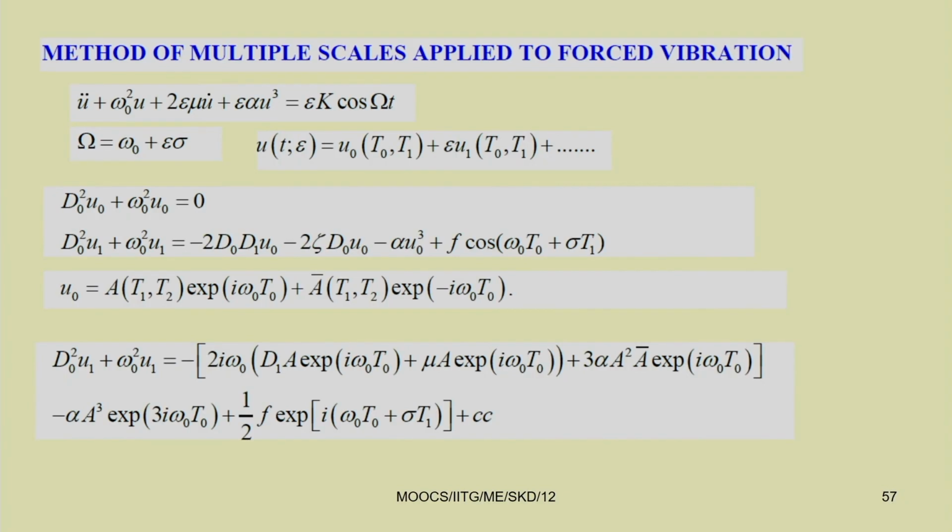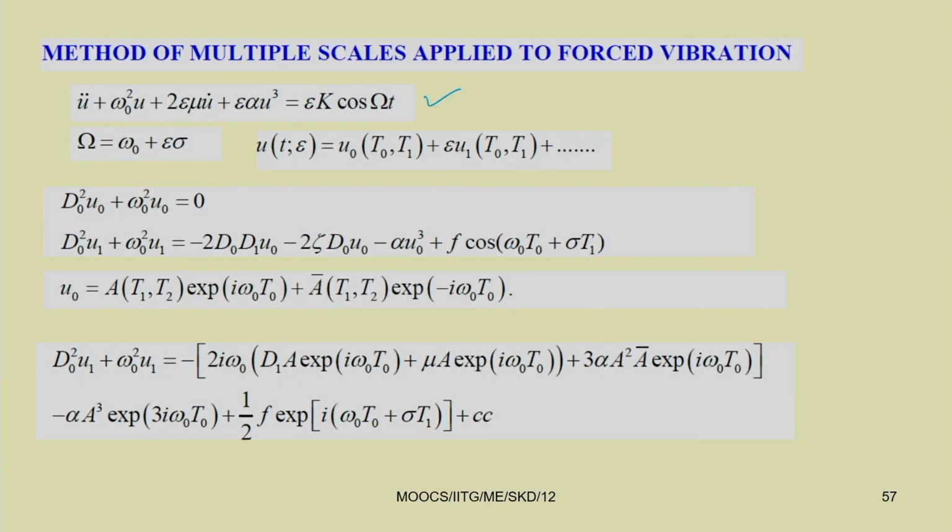Here we have taken the governing equation in this form, that is u double dot plus omega 0 squared u plus 2 epsilon mu u dot plus epsilon alpha u cubed equal to epsilon k cos omega t. We have discussed the weak form of forcing.